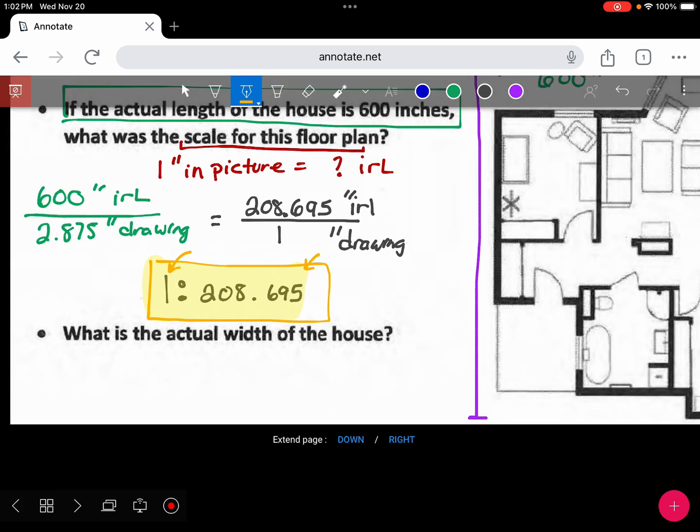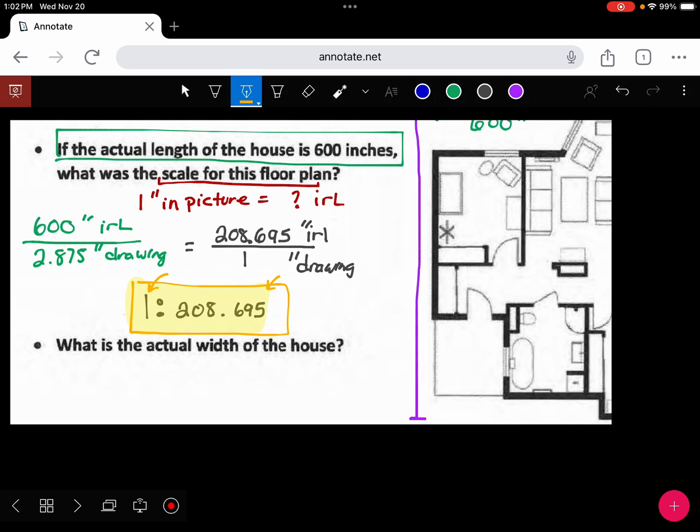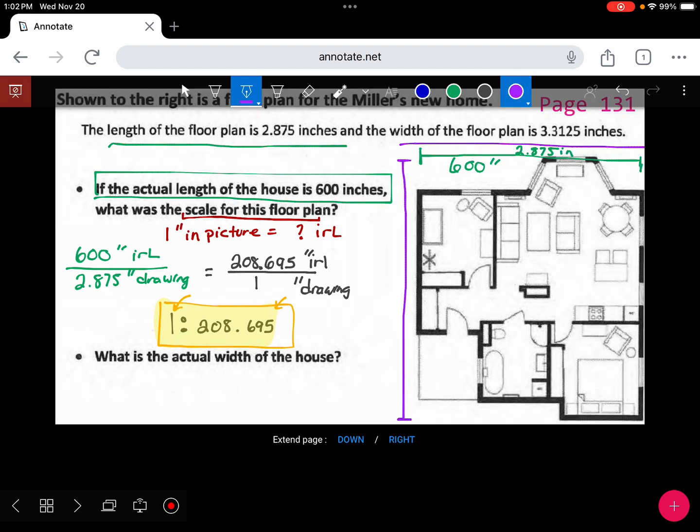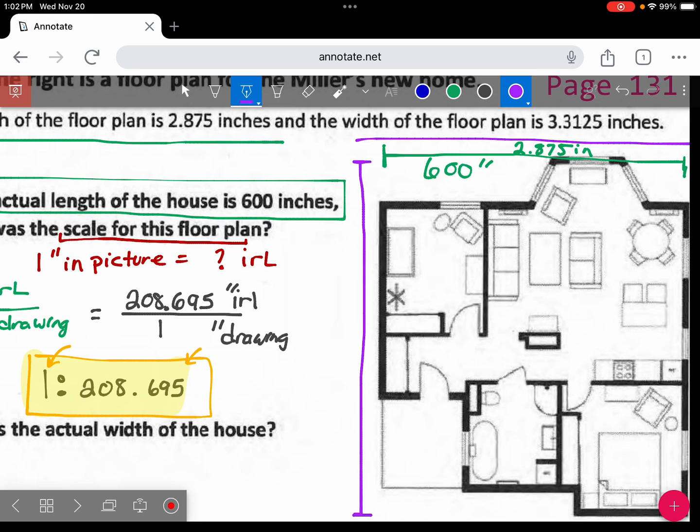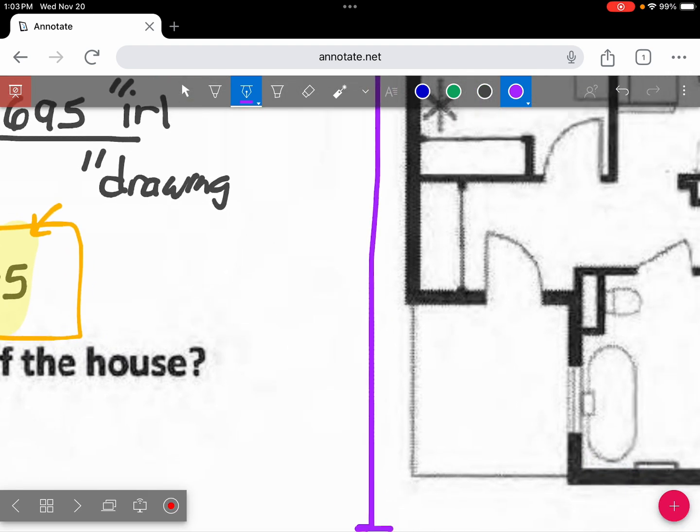So if we know that 1 inch on the drawing stands for 208.695 inches in real life, what is the actual width of the house? We know that the green measurement is 600 inches in real life. What's the purple measurement in real life inches? That's what I want you to find out next. We want the purple measurement, so our 3.3125 in real life inches. I know that the green one is 600 inches in real life.